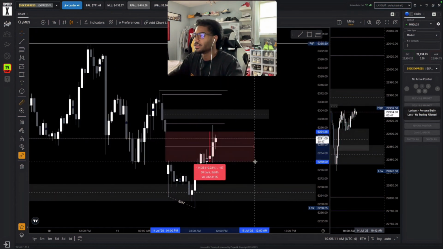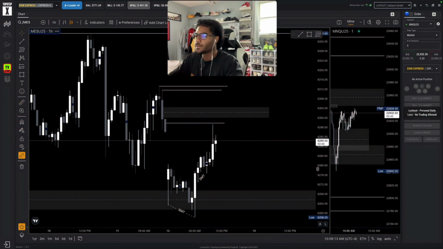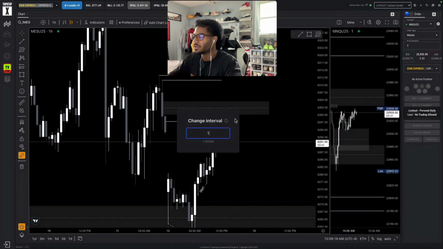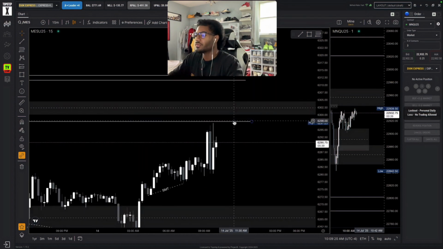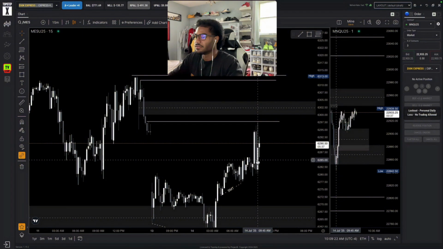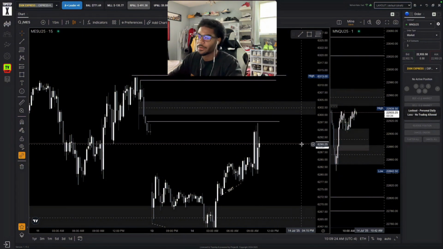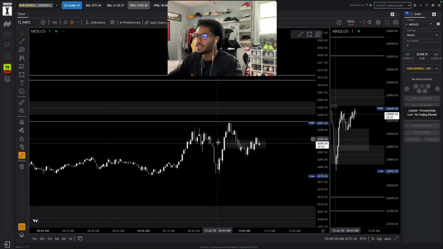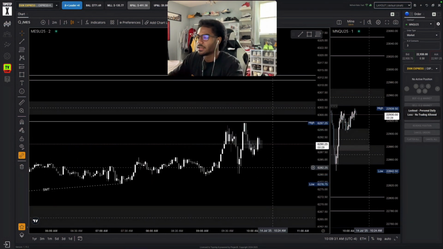We had fully filled New Week Opening Gap. I wanted to see it just continue higher. This 4-hour imbalance was one of the main targets. I felt like, especially after this recovery candle right here, we should have just continued higher. I didn't think that we should come back beneath this imbalance right here. So I'm not really mad at it.